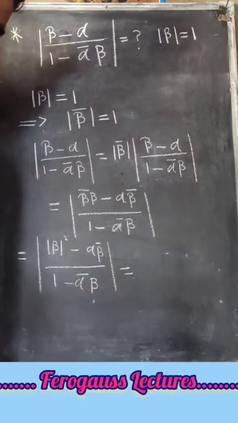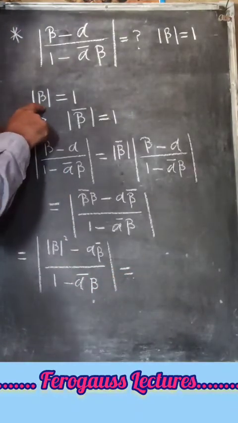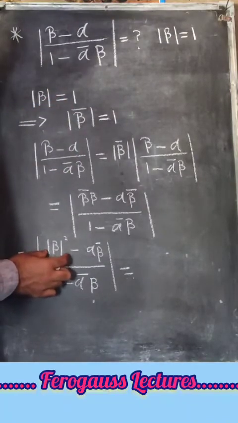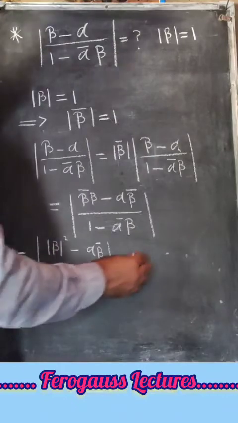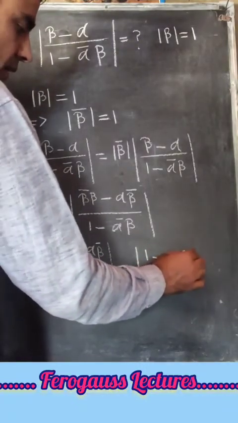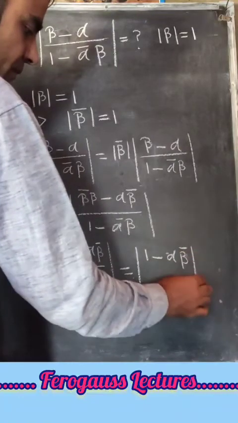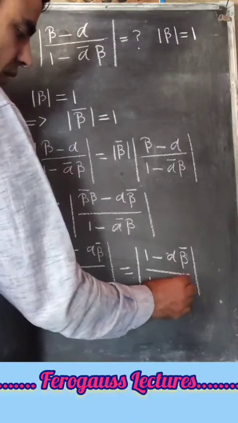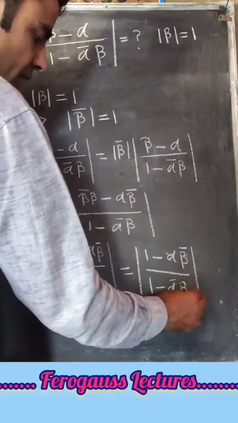Now since modulus of beta is equal to 1, modulus of beta square is equal to 1 square, that is 1. So we can write 1 minus alpha beta conjugate divided by 1 minus alpha conjugate beta.